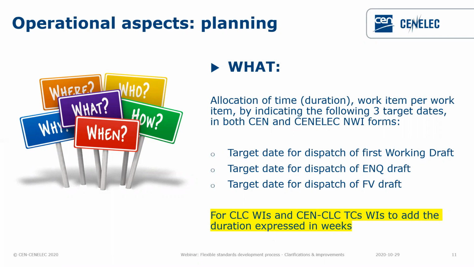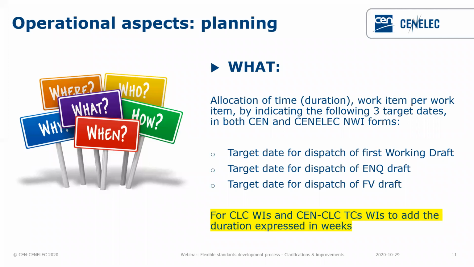This is about allocating a time, a duration, basically, work item per work item. So we don't have anymore a default standard time for all work items, but the C can customize. Indicating pre-target dates in both CENELEC new work item forms.